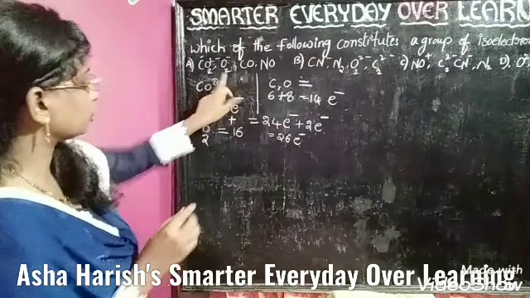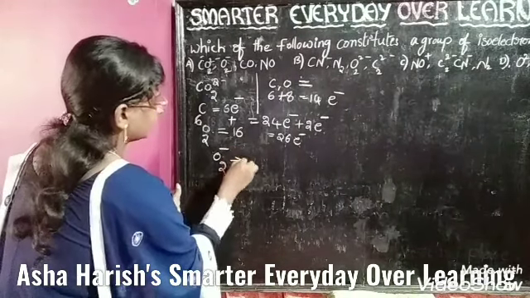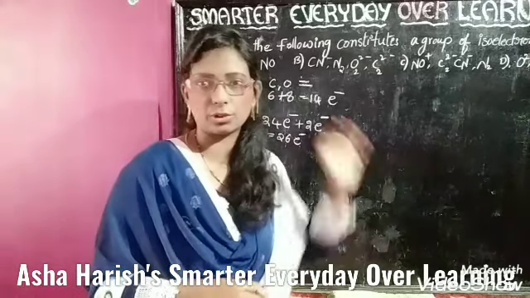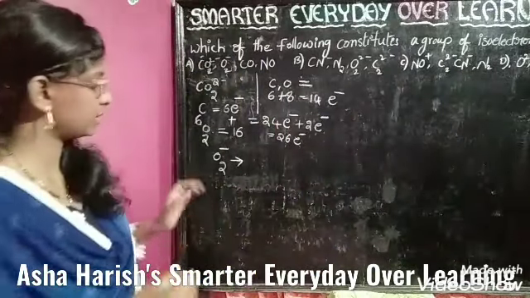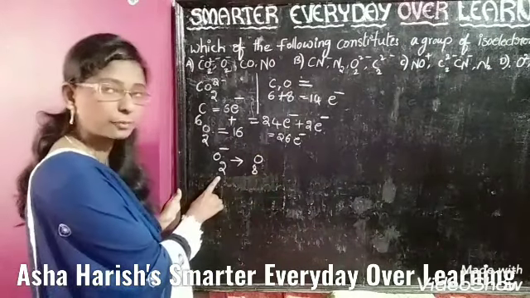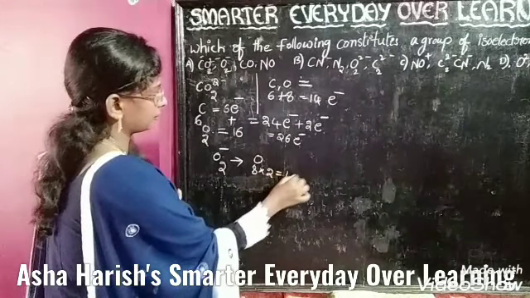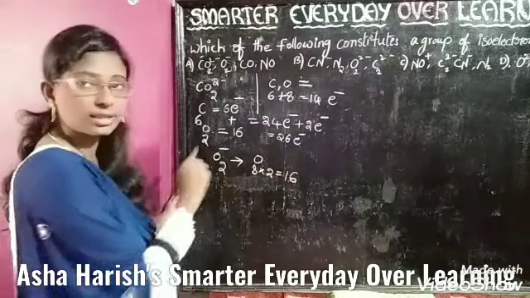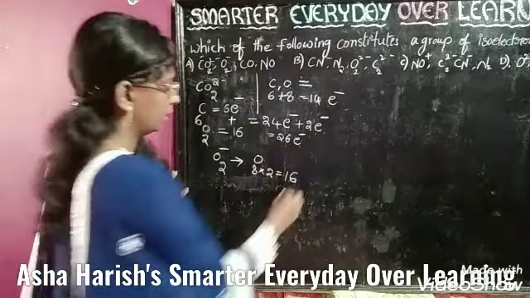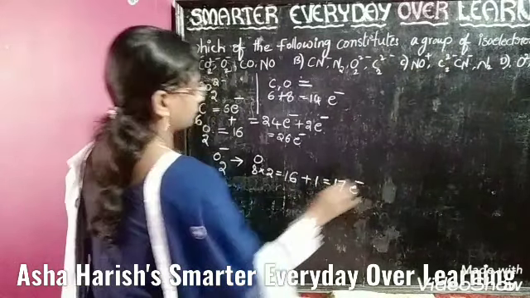And here, only O2 minus is there. For this also we need to calculate the number of electrons. Here oxygen atomic number 8, and 2 atoms are present. So 8 into 2 is 16, and 1 minus is there, so we need to add 1 electron. Here plus 1, so 17 electrons.